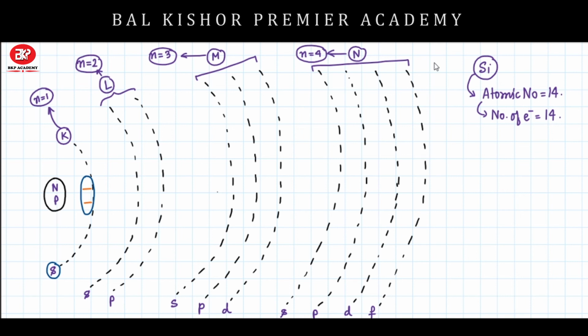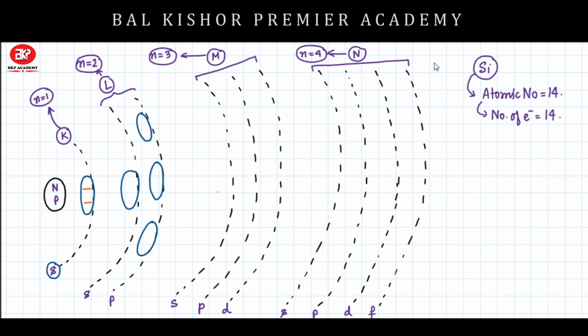Similarly, for the S subcell in the second energy level, we'll have one orbital. Here we can also have three orbitals.